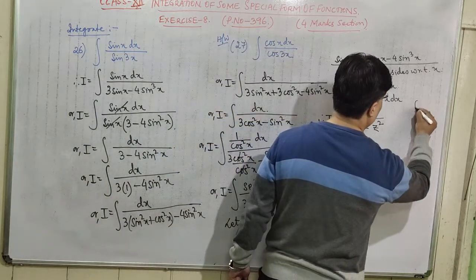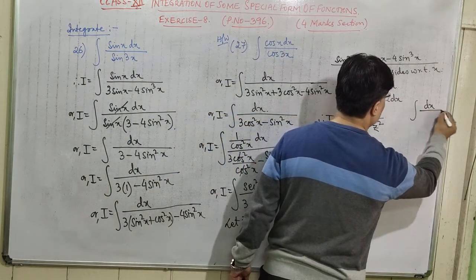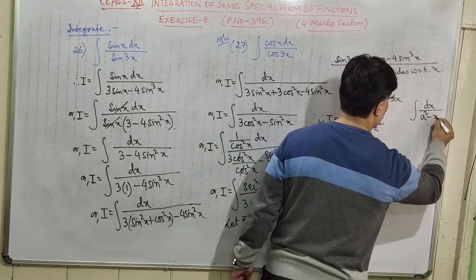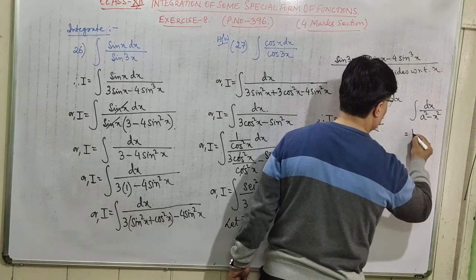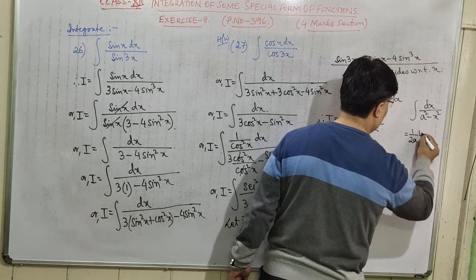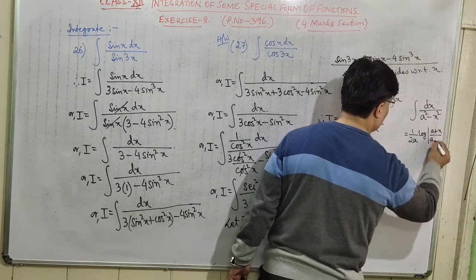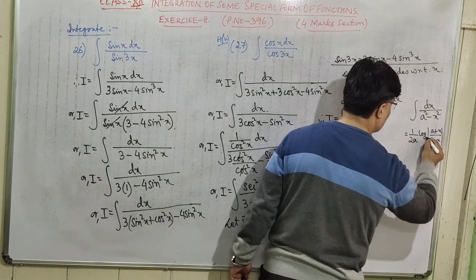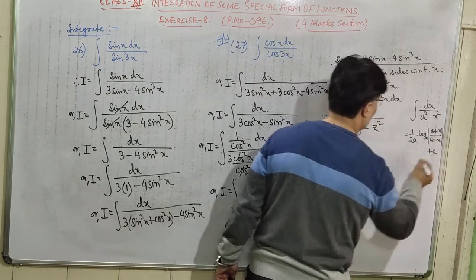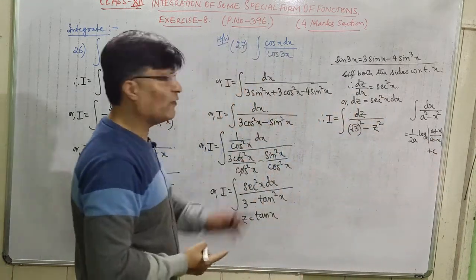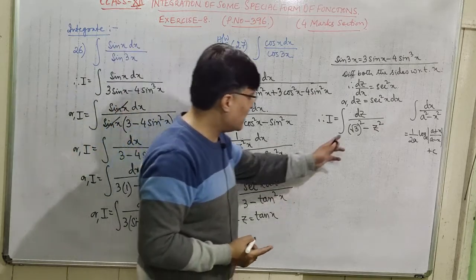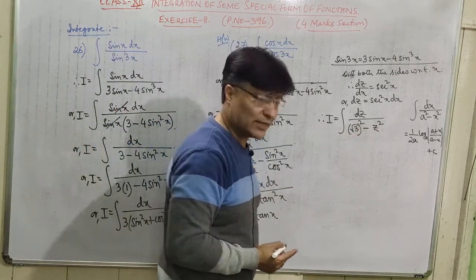The formula is the integration of dx divided by a square minus x square, which is equal to 1 upon 2a log within mod a plus x upon a minus x, mod sign closed, the base is e. Then what should you write? Plus c. This is the formula. Instead of a there is root 3, instead of x there is z.